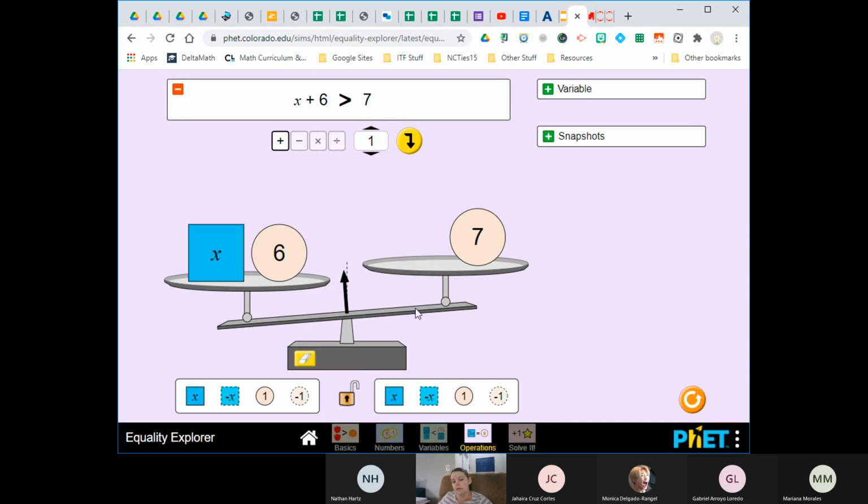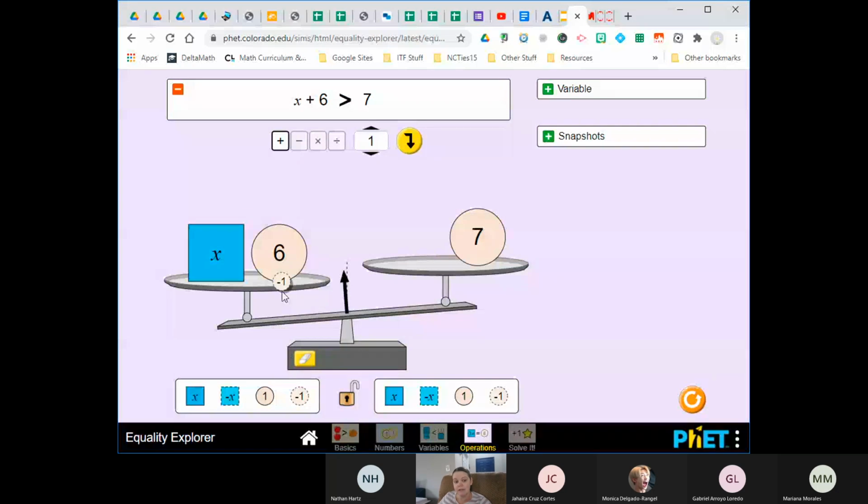I only took away the 6 from this side, which means this side right here has a greater value right now. I did not follow the subtraction property of equality. I only subtracted from one side. With equations, what we do to one side of the equal sign, we have to do to the other.